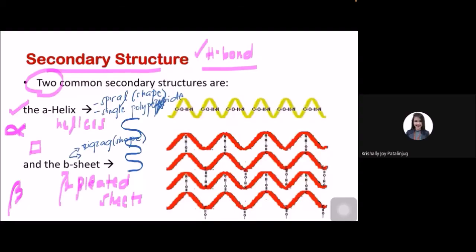Pero mas common sa beta pleated sheet yung more polypeptides. So again, it consists of one or more polypeptides. So I repeat, this is just an overview of the major types of the secondary structure ng protein.